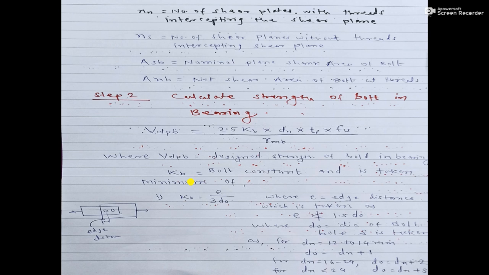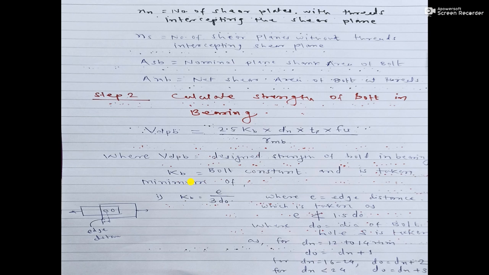So always Nn for single shear is taken as 1. Remember this one, and we are going to use all threads. Whether threads are given or not given, we are going to use Nn as 1. Then Ns is the number of shear planes without threads. Without threads we are not going to use in these problems, so Ns is always taken as equal to 0.